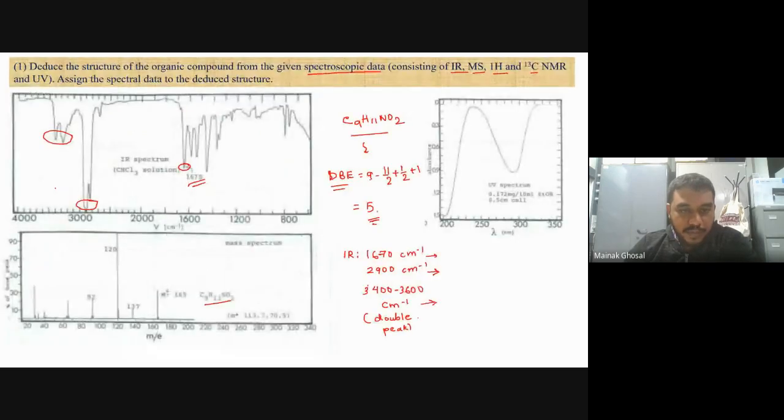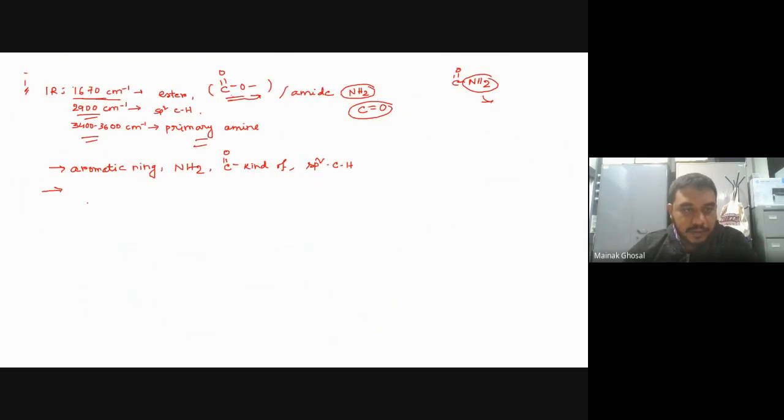Now I am going to another spectroscopy technique to get more information. In mass, I can see a peak at 165, and I am writing all the peaks: 137, 120, and 92. So now I am analyzing the mass spectrum.